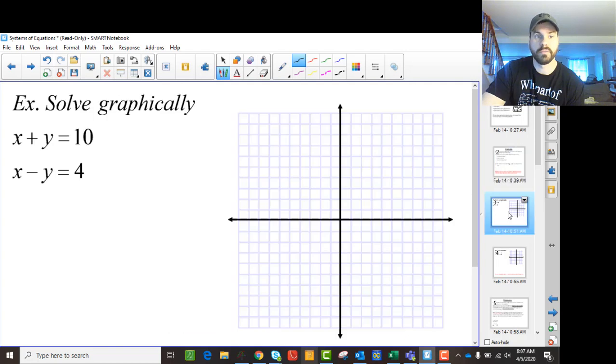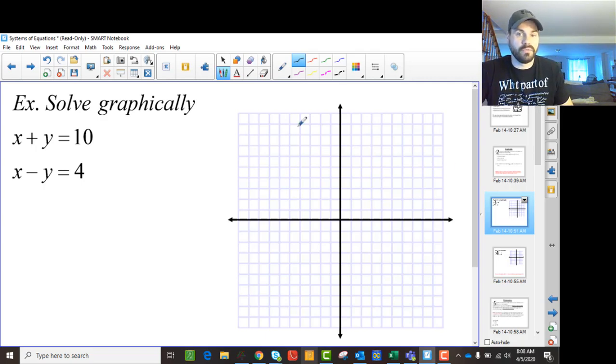Okay, so the first example is this one, x plus y equals 10, and x minus y equals 4. If I'm going to solve this graphically, the first thing I'm going to do is find out where my x and y intercepts are, all right, for each of these. So my x-intercept is when y is 0. So if y is 0, x is 10. And then my y-intercept, the same thing.